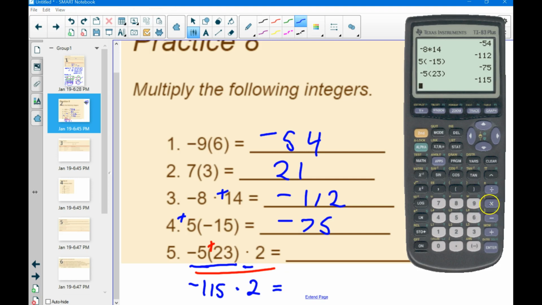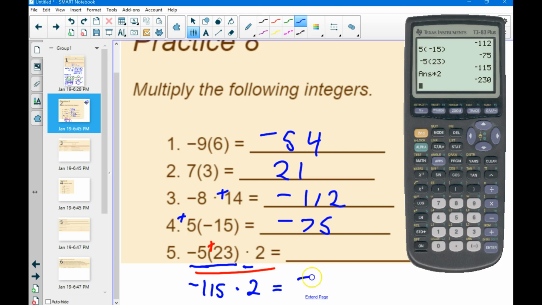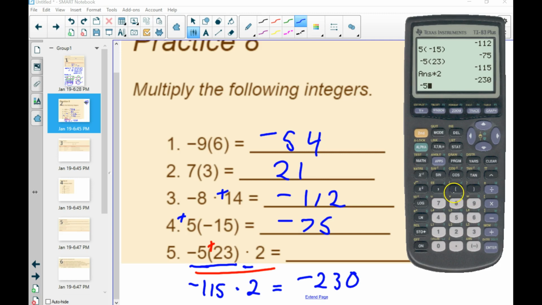So that number multiplied by 2 equals -230. And if you don't want to do it that way, and you have a calculator like mine, you can just go -5 brackets 23 close brackets times 2, and it will still give you -230. Depends on the calculator you're using and how much you like using that calculator.